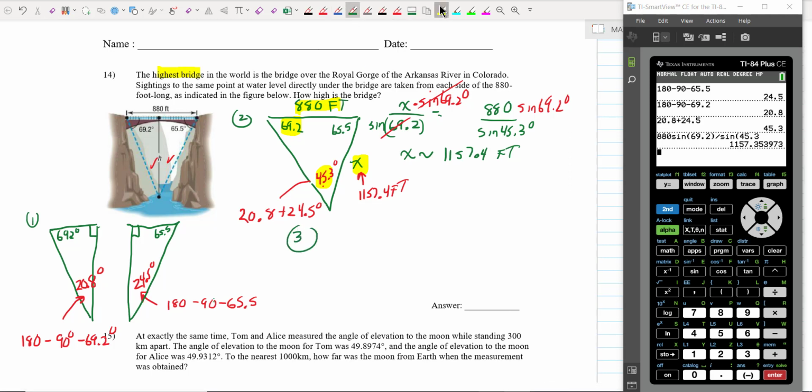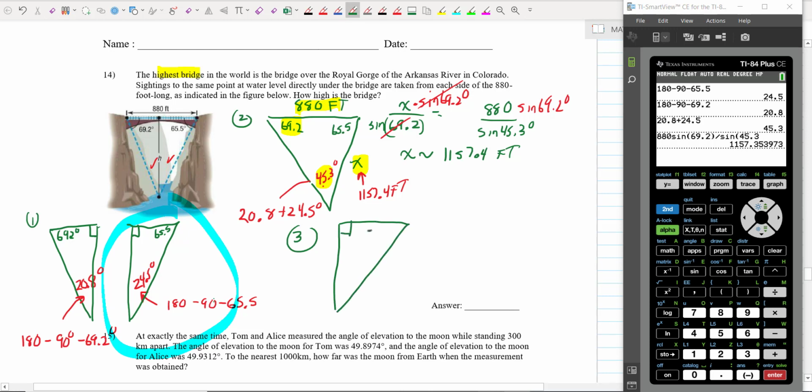Okay, now what we could do to finish up this problem is you could go to this second right triangle here, and then you should have enough information to solve this. So what you have is you've got a right triangle with an angle of 65.5, another angle of 24.5, and now you have the hypotenuse as 1157.4.